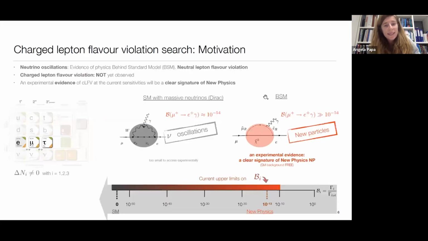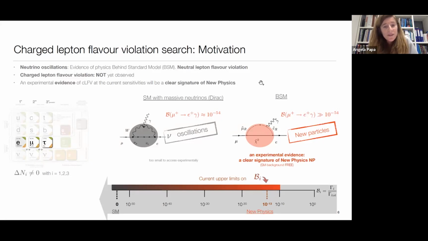Now, concerning the motivation to search for charged lepton flavor violation, as has been mentioned several times today, we already know that neutrinos oscillate, and this represents evidence of physics beyond the standard model. This is an example of neutral lepton flavor violation that doesn't yet have a counterpart in the charged sector.